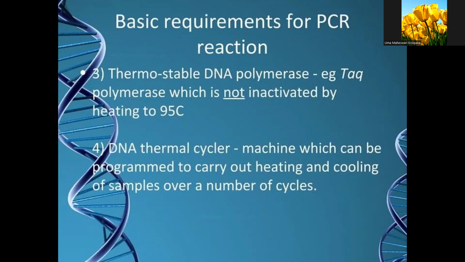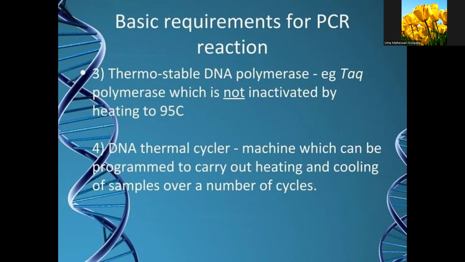So according to that, our Taq polymerase enzyme is exceptional. This Taq polymerase enzyme is specialized in such a way that it is able to tolerate higher temperatures, 90 to 95 degrees Celsius. Actually we need this high temperature for the purpose of denaturation, that is, to separate the double stranded DNA into two single strands.